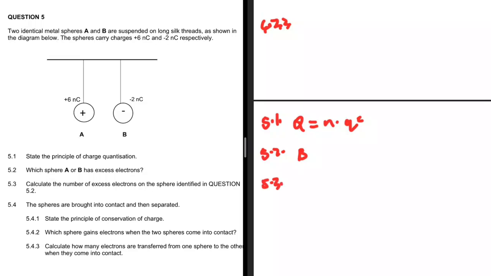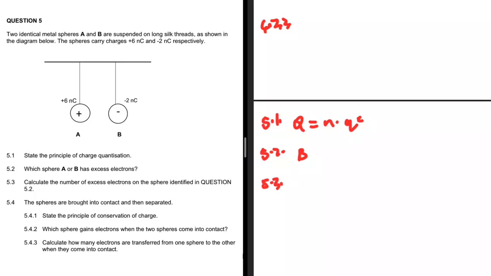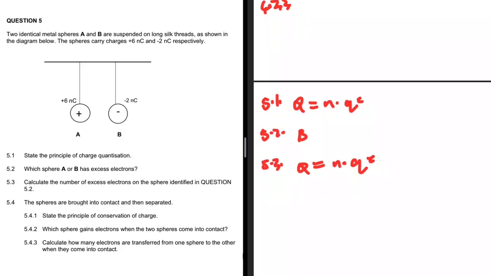5.3, calculate the number of electrons on the sphere identified in question 5.2. So in 5.2, we said it is sphere B that is an excess of electrons. So let's go ahead and calculate the number of excess electrons that it has. So Q is equals to N multiplied by the charge of an electron.